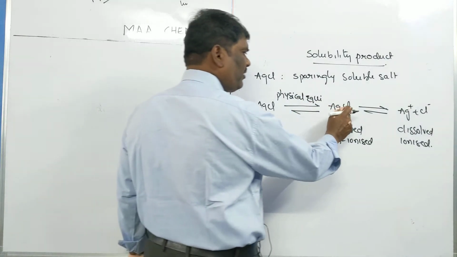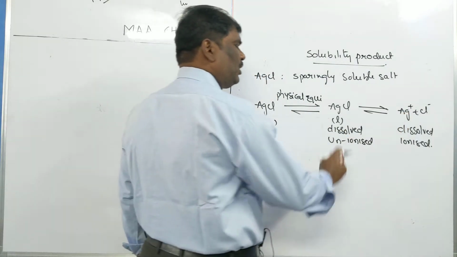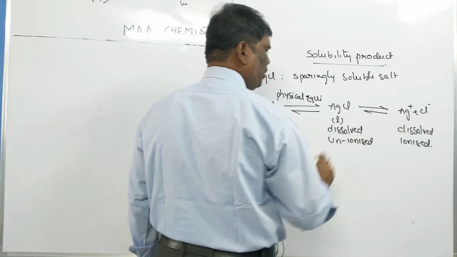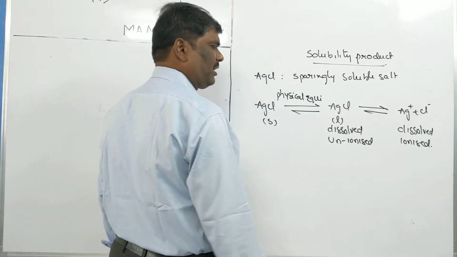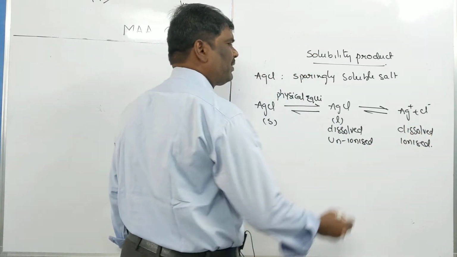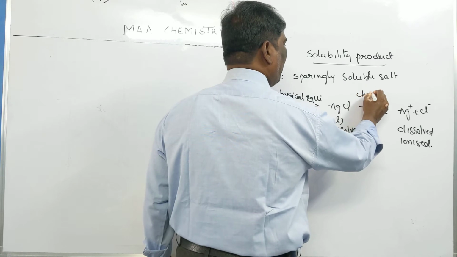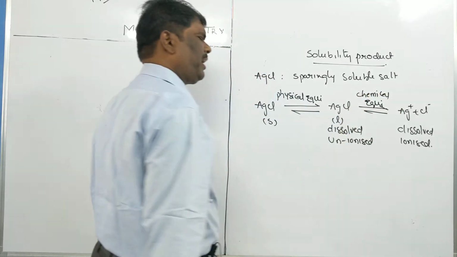Whereas the equilibrium formed between two components which differ in composition, here one is in combined state, one is in ionic state. This is the unionized form, this is the ionized form. This is known as chemical equilibrium.